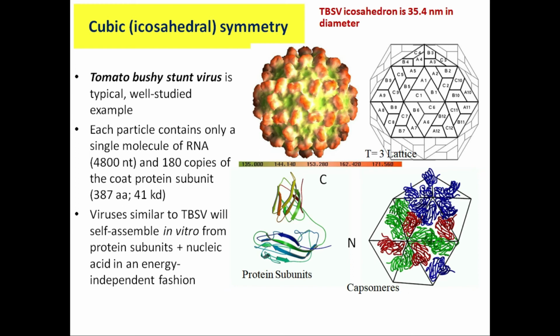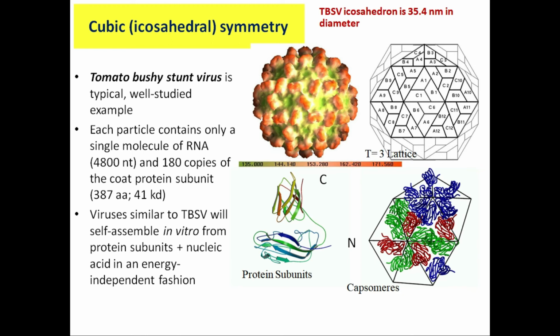And there are 180 copies of the coat protein, again fewer than tobacco mosaic virus. Each coat protein subunit has 387 amino acids, and it is 41 kilodaltons in weight.